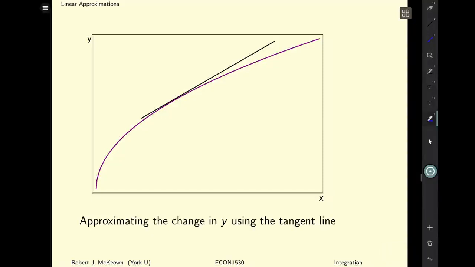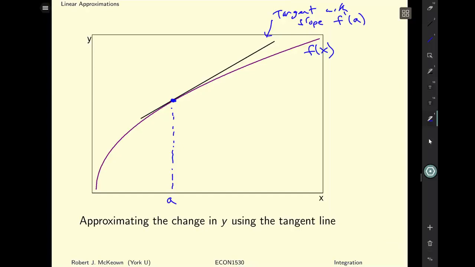So here is a function, f of x, the curvy thing, and we've got a tangent line associated with the derivative f prime a.